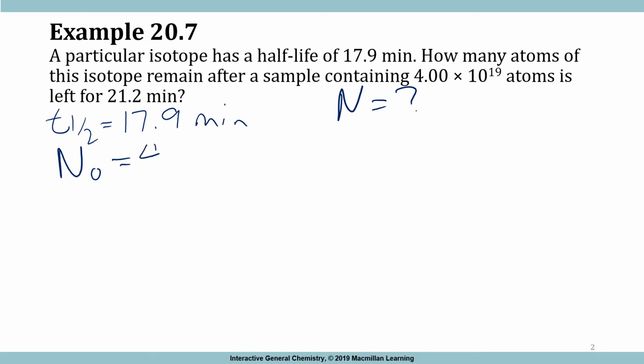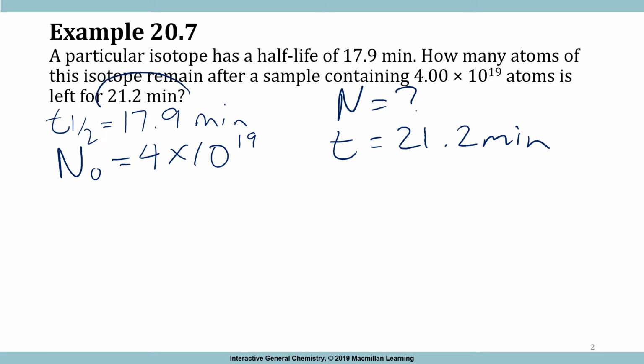So N0 is 4 times 10 to the 19, and time is 21.2 minutes. Always make sure that if you're dealing with this, these have to be the same. You might have to convert one to the other if you have minutes and seconds or seconds and hours. Just make sure that they are consistent with each other.